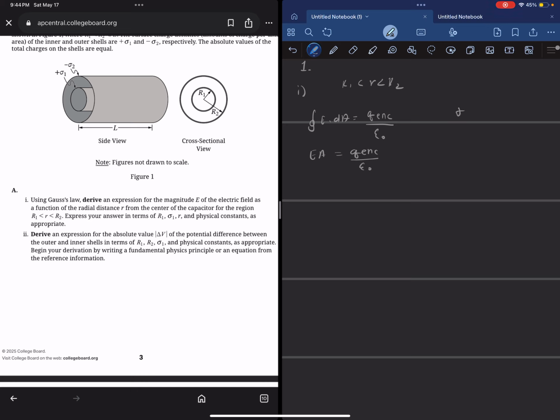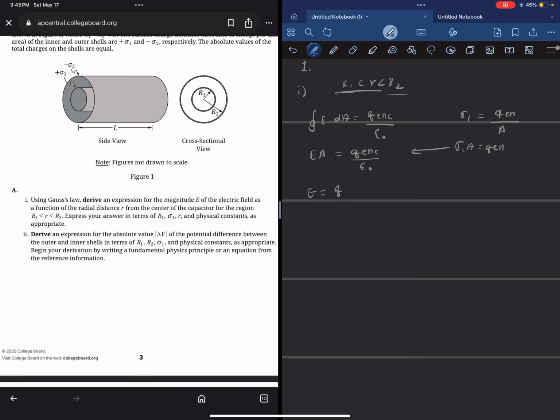Then we have our sigma 1, which equals the total enclosed charge divided by the enclosed area. So our enclosed area is the R1 area, and our Gaussian surface has some radius R, which is between R1 and R2, right? So we have E A equals sigma A equals Q enclosed.